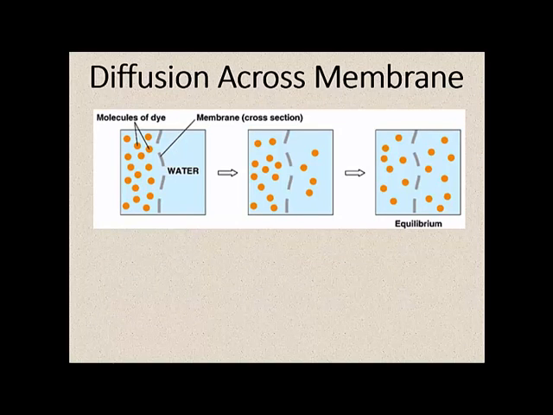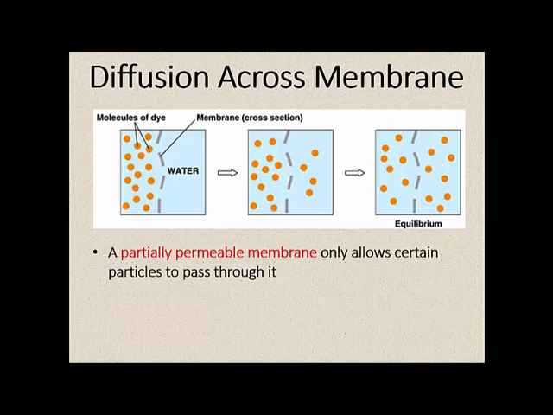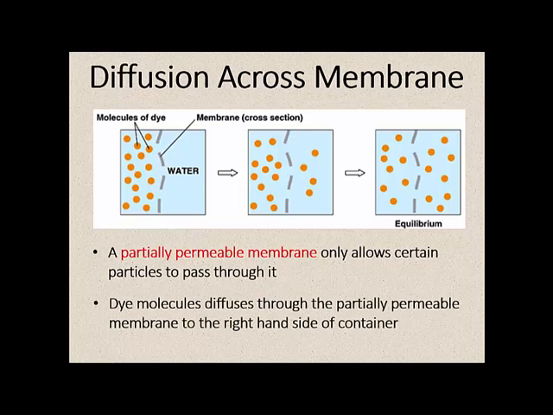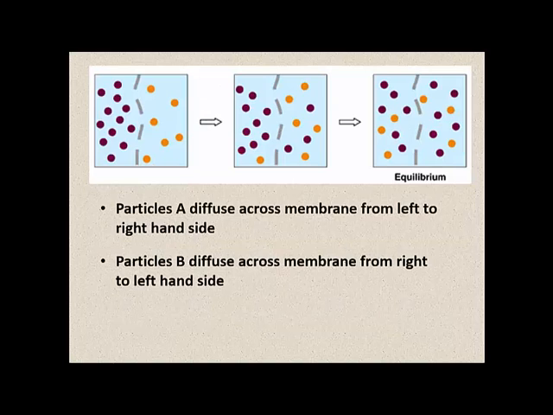Diffusion can also take place across a membrane. A partially permeable membrane only allows certain particles to pass through it. Dye molecules diffuse through the partially permeable membrane from the left-hand side to the right-hand side of the container. If there are 2 different types of particles, particles A and particles B, particles A are represented by the purple particles that you see on the left-hand side.